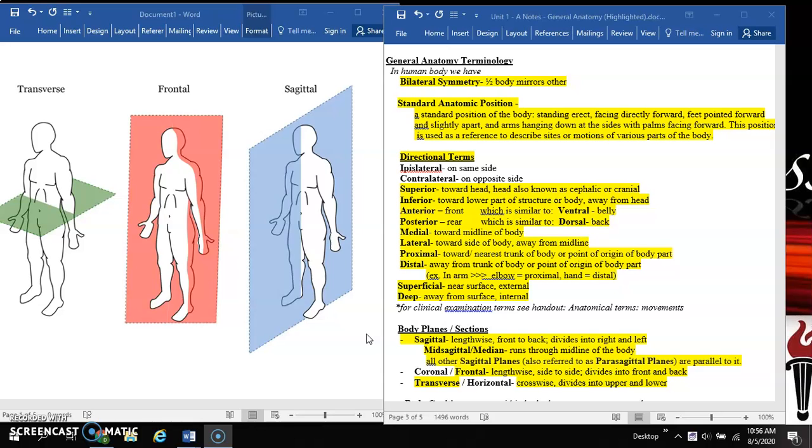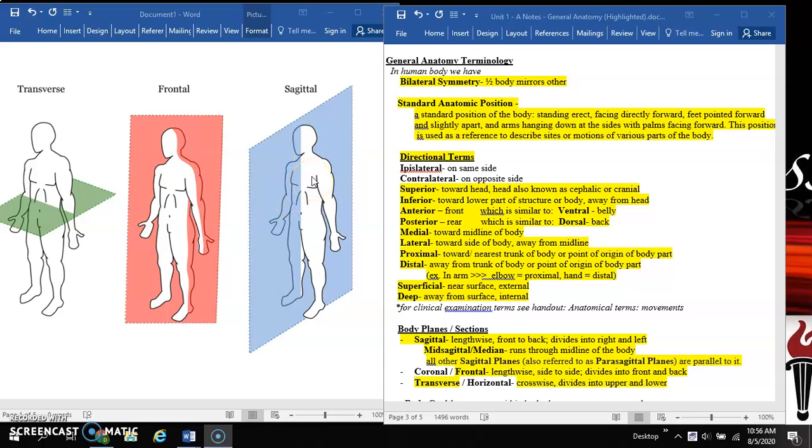If it's down the complete midline of the body here, that's a mid-sagittal, if it runs right down the center of the body. And think of your bilateral symmetry, that would make this left side here and this right side over here. So mid-sagittal is down the body's midline. If it's offset slightly, that's parasagittal.